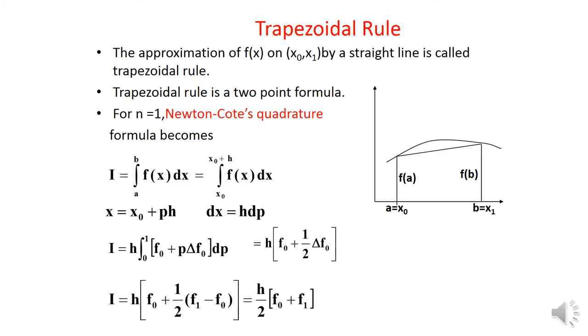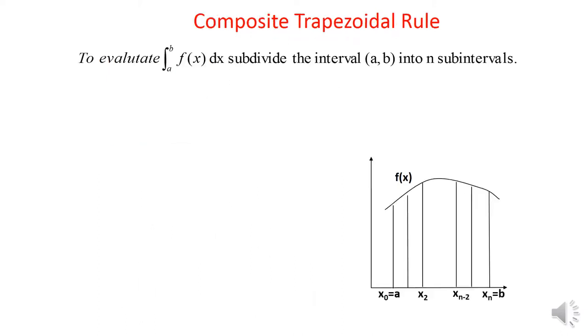Now we can expand Δf0 and write it as f1 - f0, and we simplify the term in this bracket. We get h/2 (f0 + f1). So the I value we got is h/2 (f0 + f1).